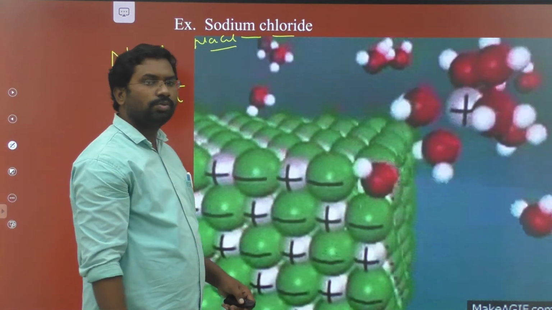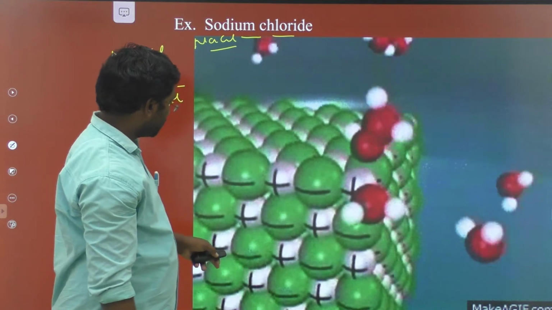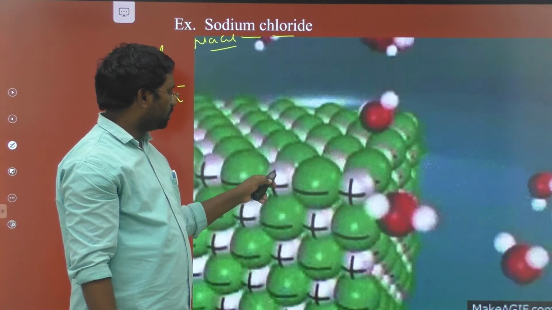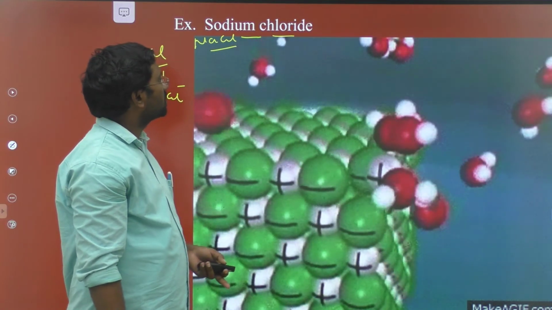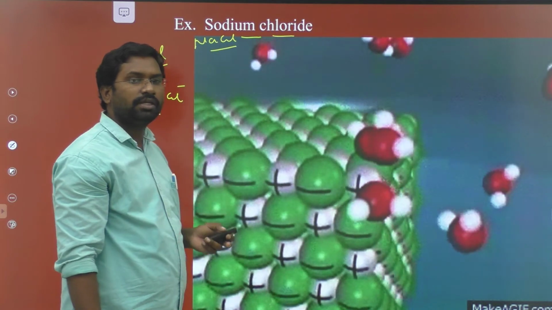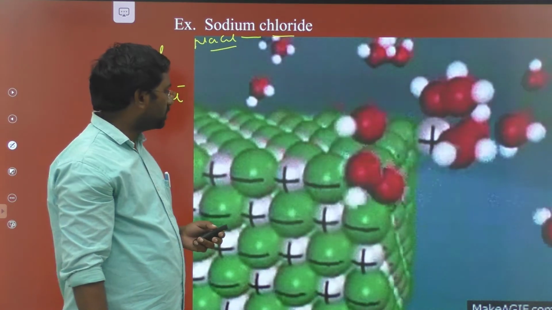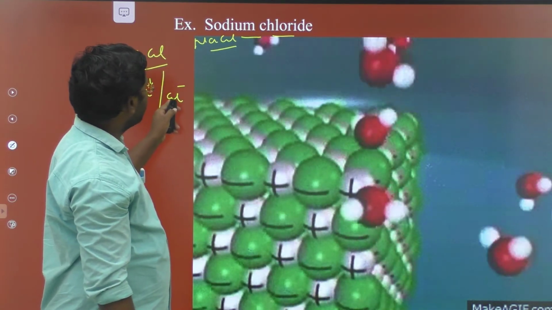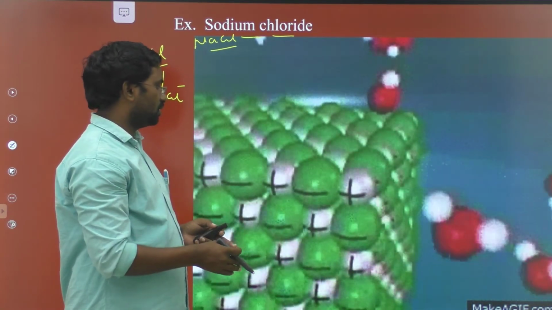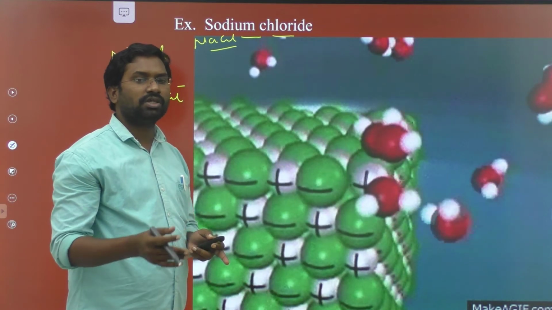Sodium chloride has a cubic structure. In that cubic structure, you can see positively charged particles and negatively charged particles. The positively charged particles are Na+ ions and the negatively charged particles are Cl- ions. Every crystalline solid has a characteristic structure.